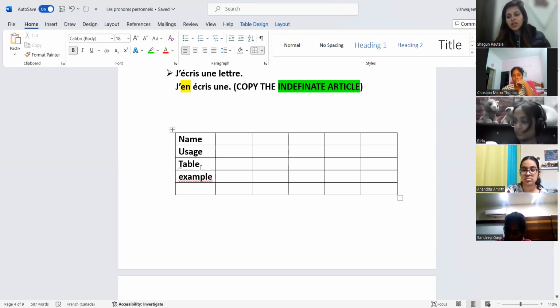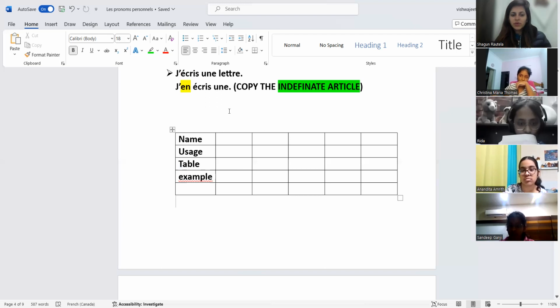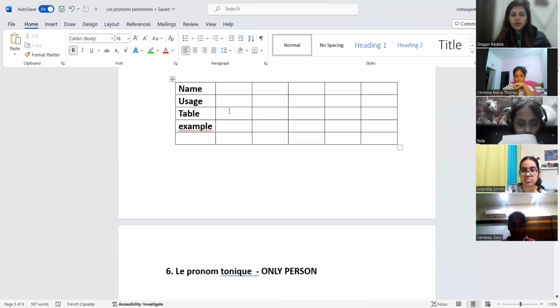Then next is the table. You need to write the table for all of them, like pronom sujet, it is je, tu, il. And the last is the example. Try writing 3-4 examples, as many as possible, in all the 3 tenses: present, past tense, and 2 verbs. So do that in the form of tables. We'll move on to the last one.